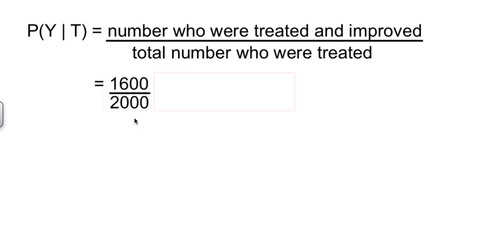And there were 2,000 total people treated. So the probability is 4/5 or 0.8 or 80% that if I pick someone out and find out that they improved, were they treated?